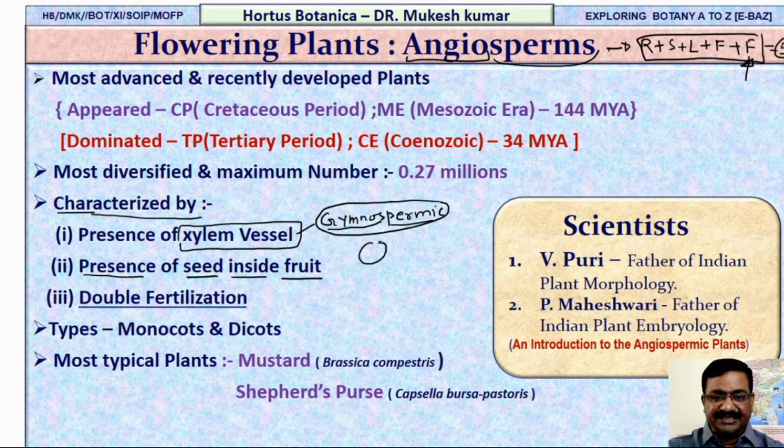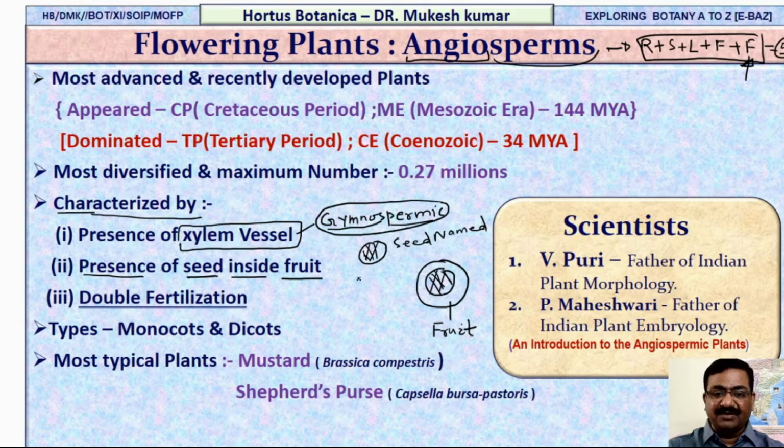The seed is not well covered by fruit, so fruit is not present in gymnosperm, because the seed is naked.